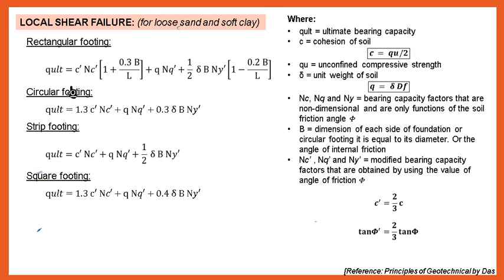So, modified na cohesion. And then, yung gagamitin natin for the Nc, Nq, and Nγ is yung modified bearing capacity factors naman dito sa local shear failure, which is the Nc prime, Nq prime, and Nγ prime. So, yan lang yung kaibahan niya doon sa general shear failure.